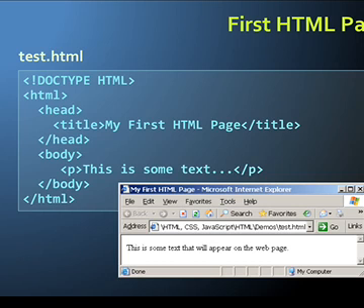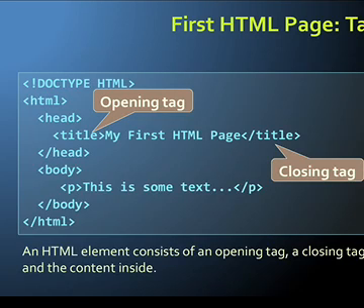So observe the slide. Observe here one time. Clearly we can see what the opening tag is and what the closing tag is, and the difference between the opening and closing tags. It is the same thing, but only a slash will come in the closing tag.